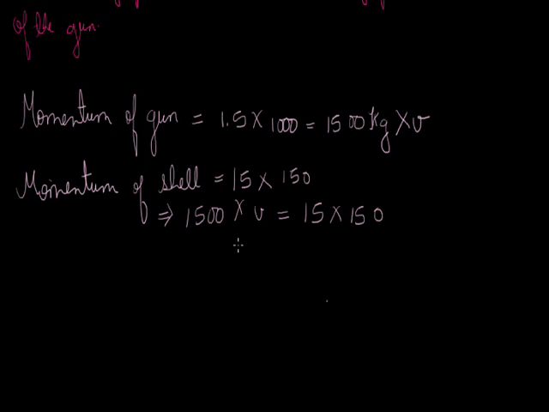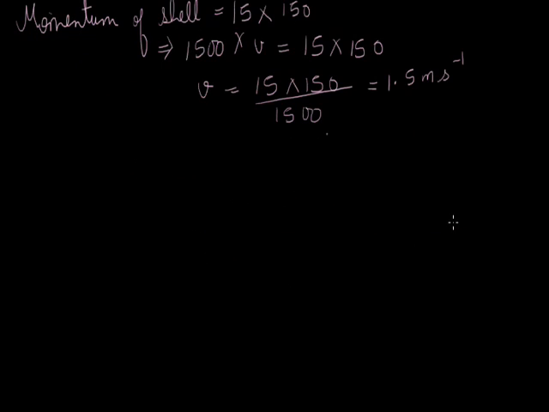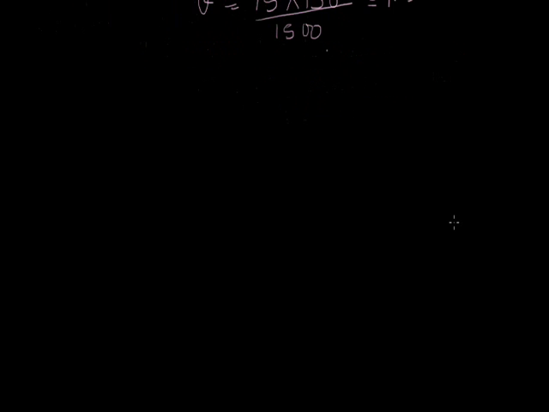So by calculating it, we will be getting 15 into 150 by 1500. That comes out to be 1.5 meter per second. So this is the recoil velocity of the gun.